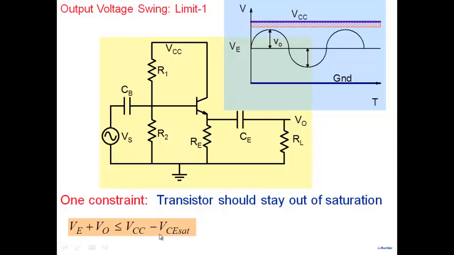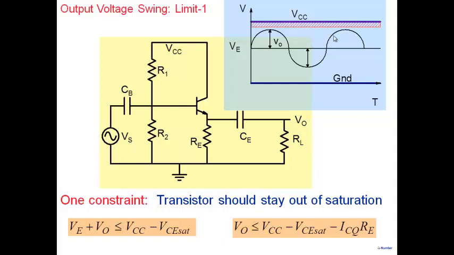And therefore, your output voltage V0 has to be less than VCC minus VCE sat minus VE, and instead of VE we have written it in terms of ICQ times RE, a drop here. So your output voltage will always be less than this value. This comes from the fact that the transistor should stay out of the saturation region. So that's one constraint to keep in mind.